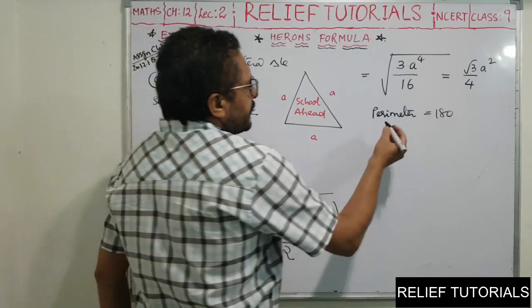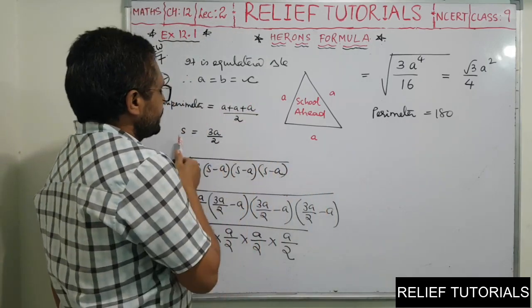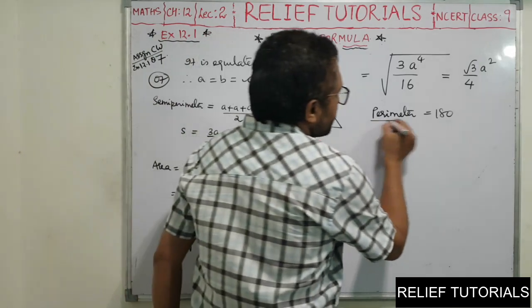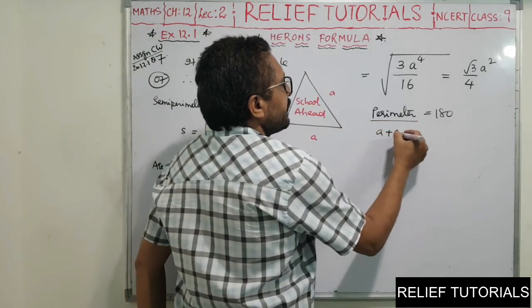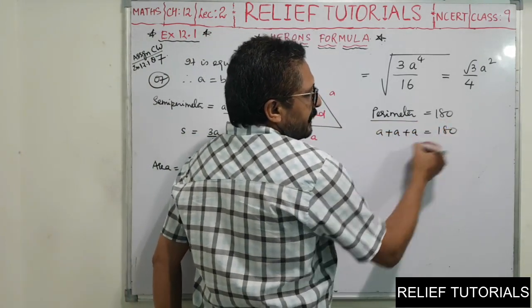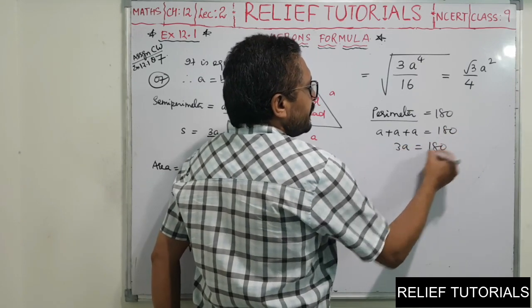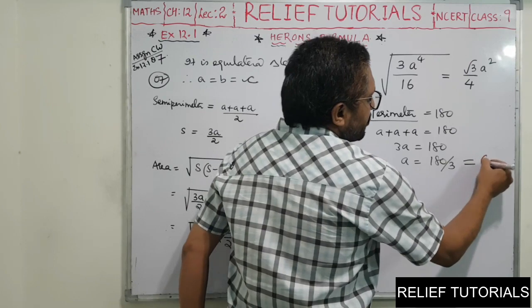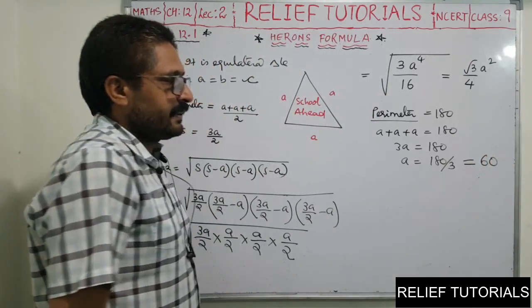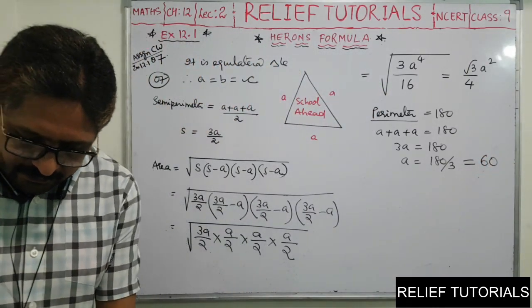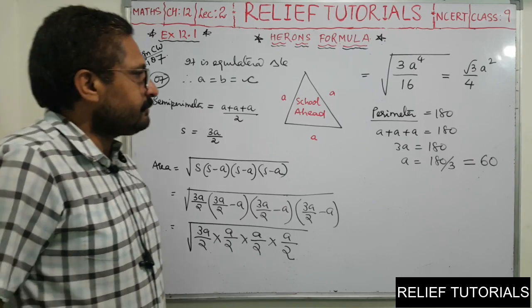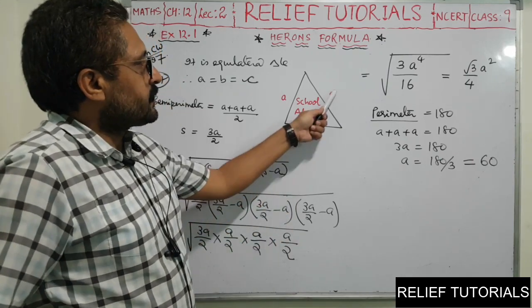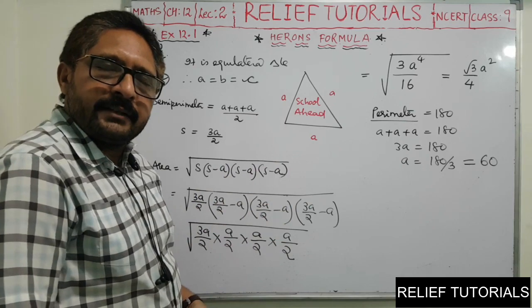Perimeter means A plus A plus A is equal to 180, 3A is equal to 180, so A is equal to 180 upon 3, that is equal to 60. So the measure of each side is 60: 60, 60, 60. 3 6s are 180.